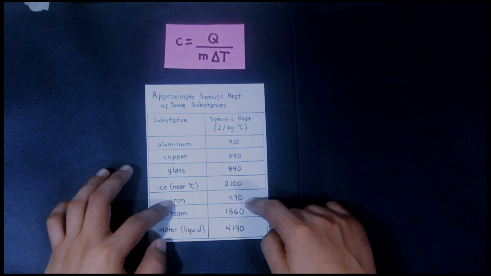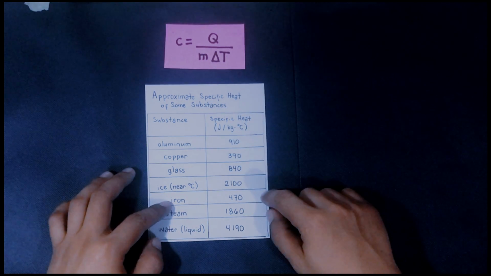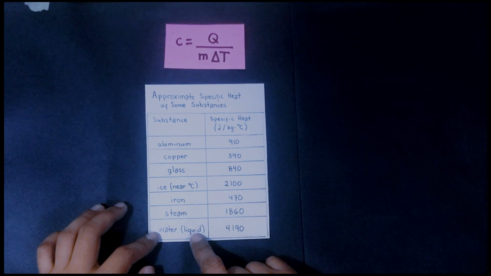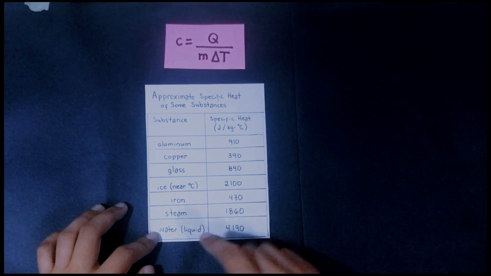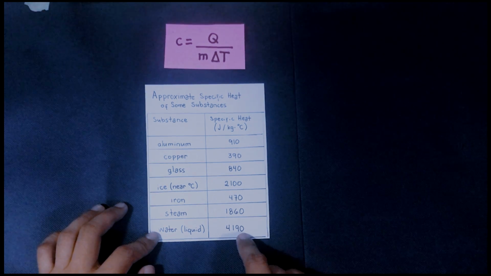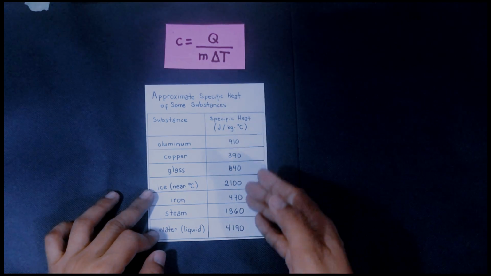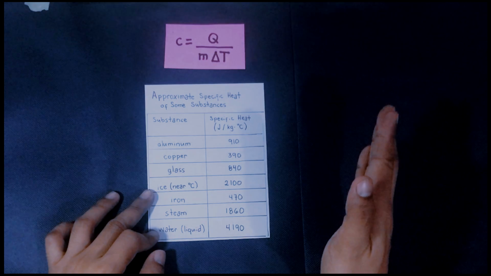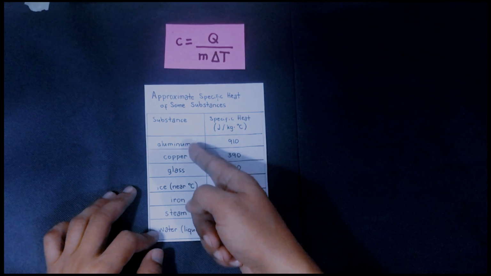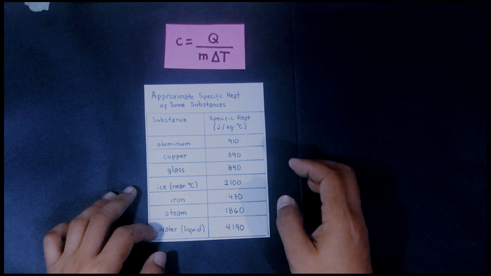Last one, to change the temperature of 1 kilogram of water by 1 degree Celsius, you need to add or remove 4,190 joules. So basically, these numbers are the amount of heat that you need to add or remove to change the temperature of 1 kilogram of these substances by 1 degree Celsius.